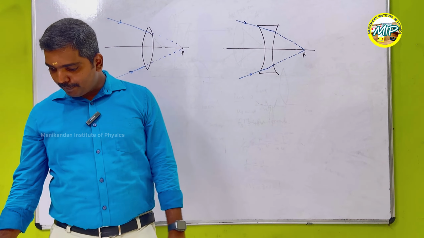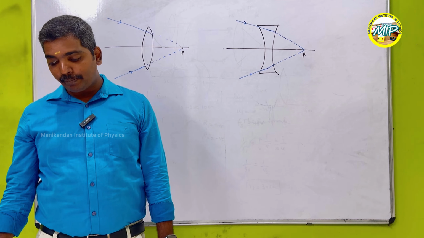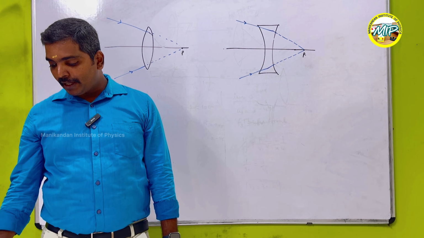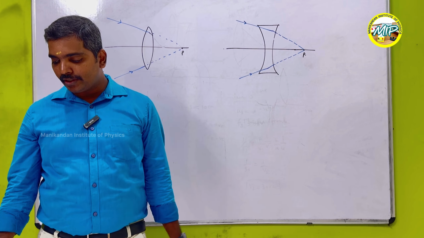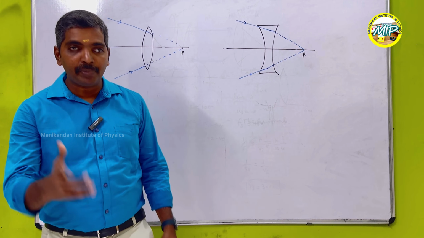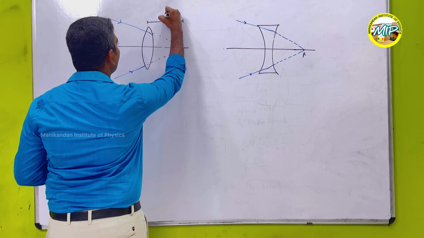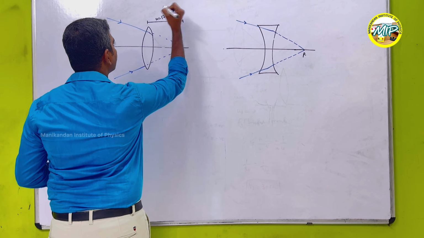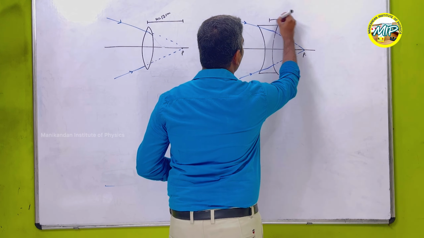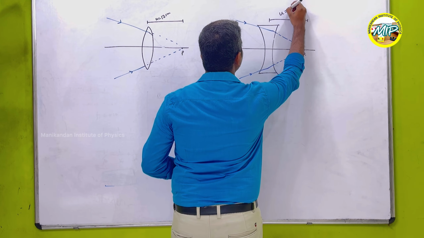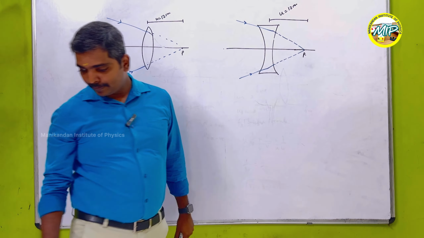A beam of light converges to a point P. A lens is placed in the path of the convergent beam 12 centimeter from P. So from here also it is going to be 12 centimeter, so it is nothing but U equals 12 centimeter. In this problem also U is going to be 12 centimeter.